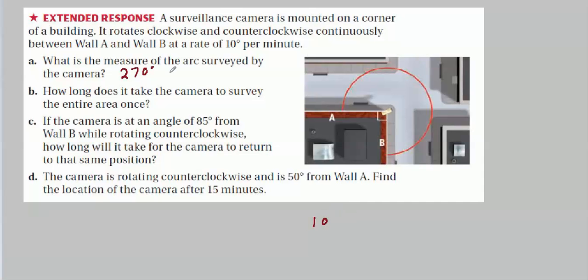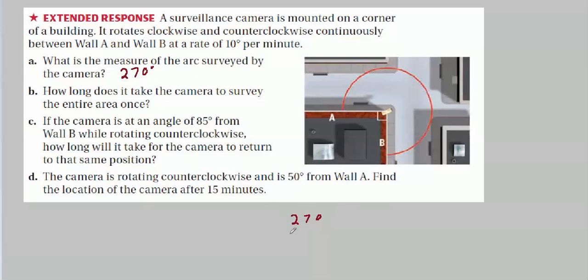Well, this is super easy because it would be easier if I left myself room, wouldn't it? All I have to figure out is how many 10 degree sections are there in 270 degrees. Because we already have our arc addition postulate, which tells us that we can just add everything up the way we'd like to.